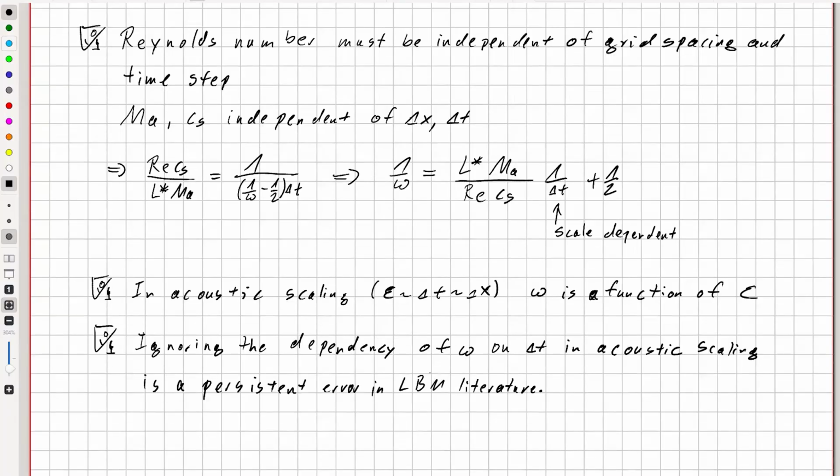So there is another problem with this. In acoustic scaling, the lattice velocity or speed is not asymptotically small.